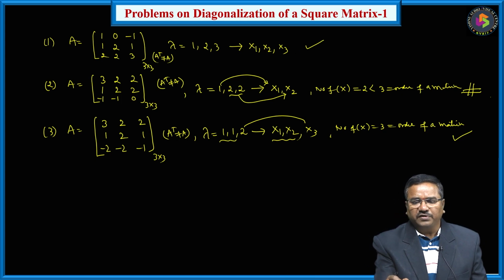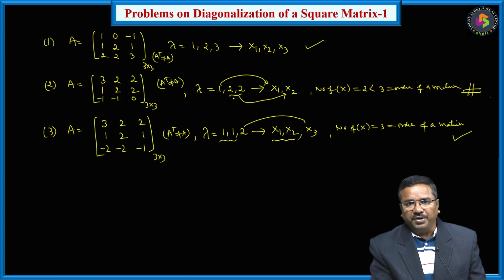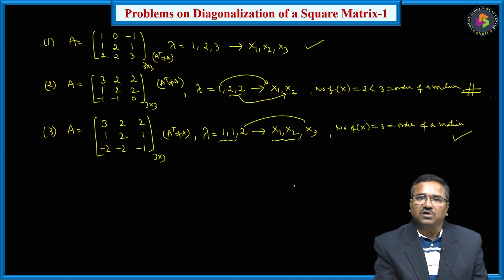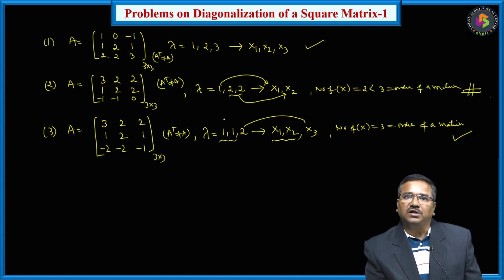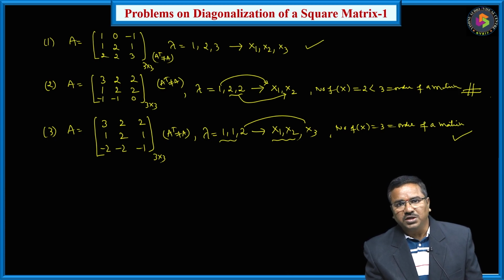If eigenvalues are distinct, it is diagonalizable, but if eigenvalues are repeated, it may or may not be diagonalizable. Eigenvalues are repeated means eigenvalues are not distinct. So one problem covered is not diagonalizable, one problem covered is diagonalizable, in the case where eigenvalues are not distinct, that is the repeated case. So the repeated case may or may not be diagonalizable. That I did in the class, but the third one you can work out at home.